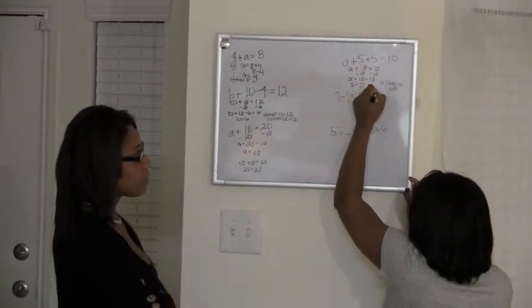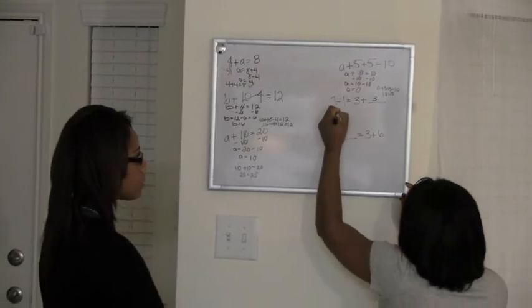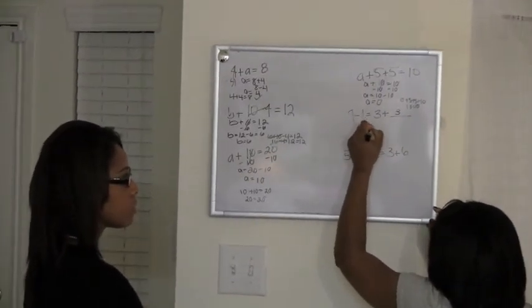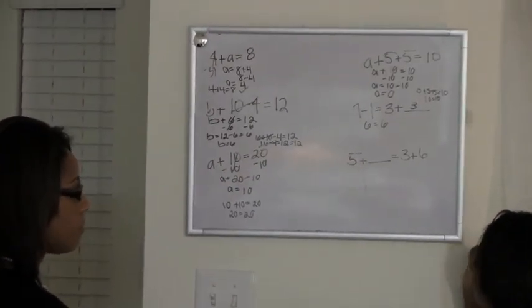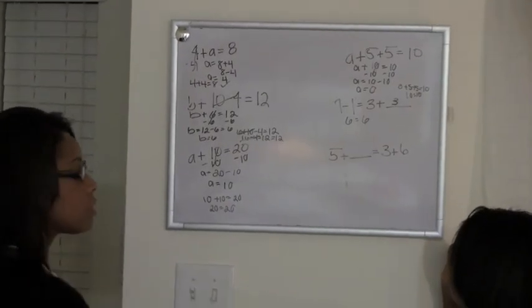Now remember, we have to get both sides of the equation to be equal. Good job. So 6 equals 6.